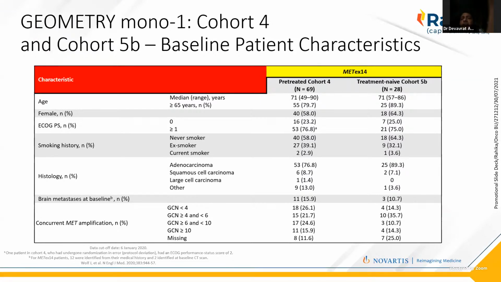A significant number of patients were either current or ex-smokers. I think that sits differently compared to what we see from the EGFR and ALK trials. Histology was a reasonable mix of adenocarcinoma, squamous and large cell carcinomas, and then you had a different spectrum of concurrent gene amplifications measured based on the gene copy number. Next slide, please.